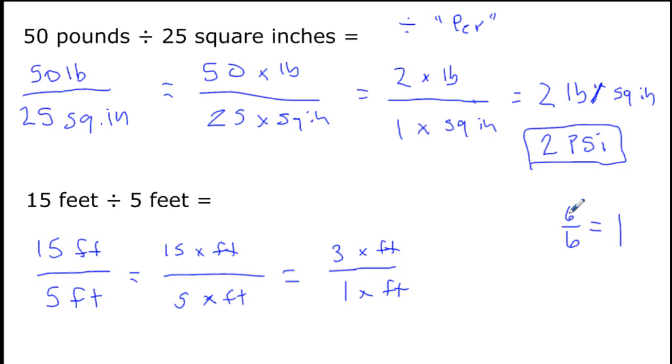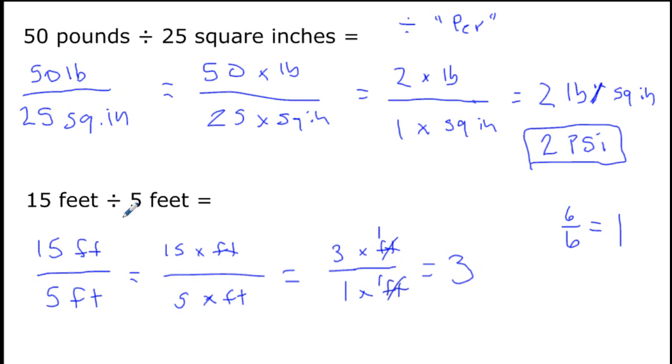Anytime you divide something by itself, you get 1. So that's true with numbers, and it's also true with things that aren't numbers. It's true with units. So a foot divided by a foot is 1. So essentially, these just cancel out. And you have 3 times 1 over 1 times 1. So this is just 1 on the bottom, and this is just 3 on the top, so this whole thing just equals 3.